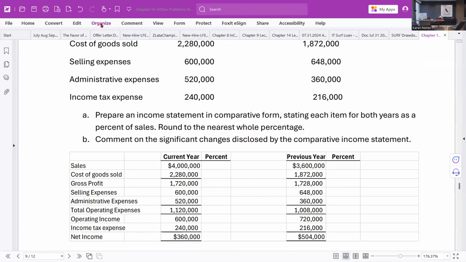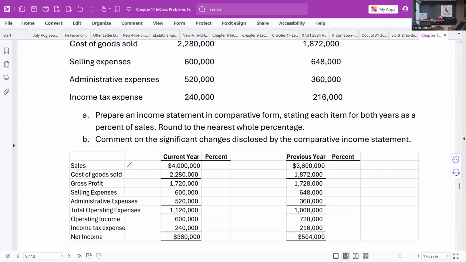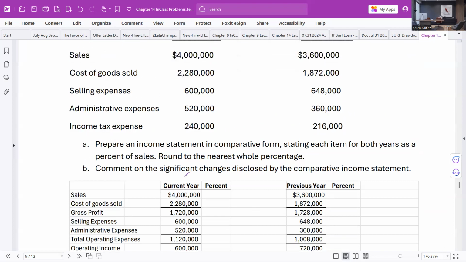So if I could just set this up for you, the sales of 4 million minus the cost of goods sold gives us our gross profit, right?